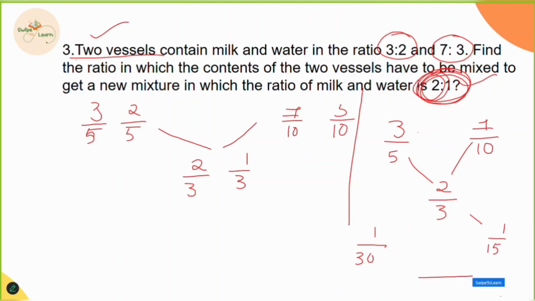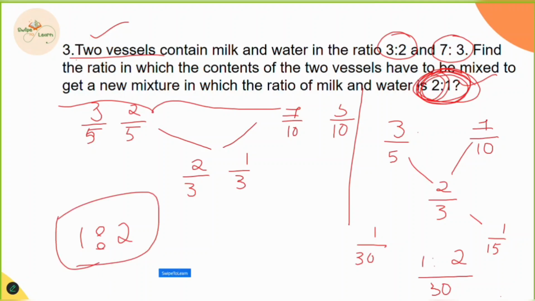Taking the LCM of 30 and 15, we get 30, and we get the ratio as 1:2. Therefore, to get a new mixture in which the ratio is 2:1, the vessels should be mixed in the ratio 1:2.